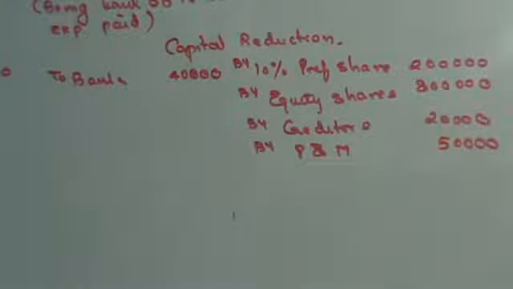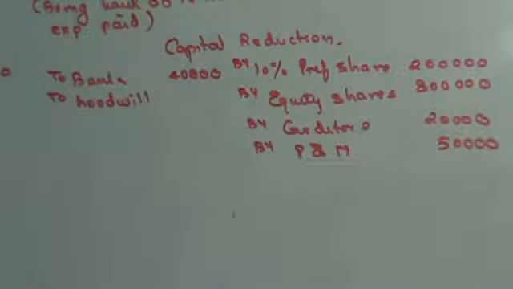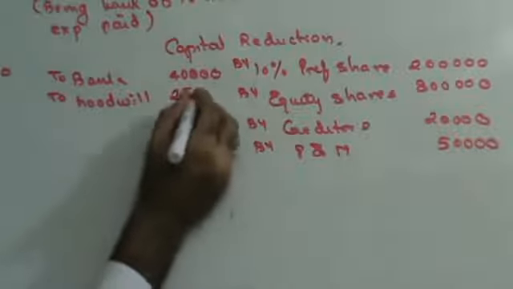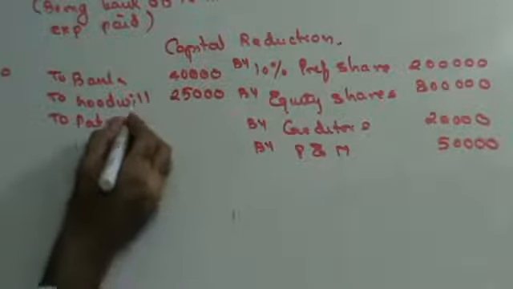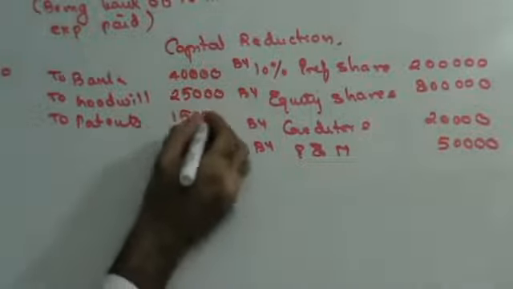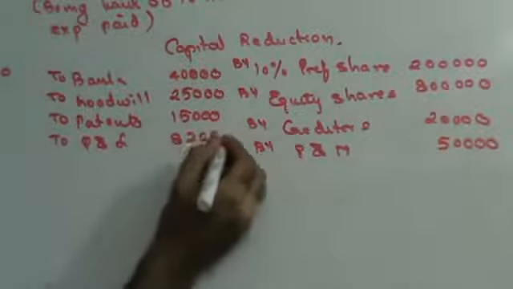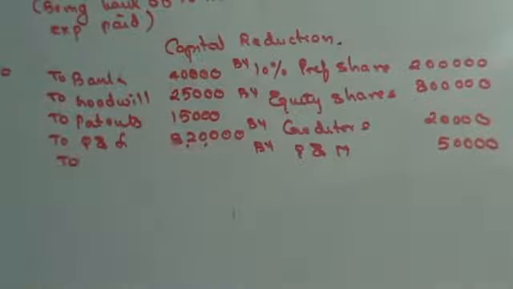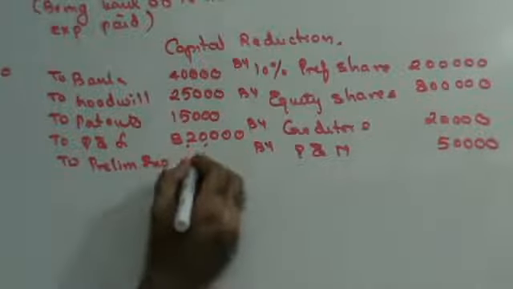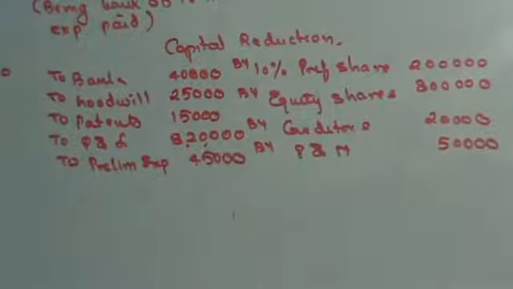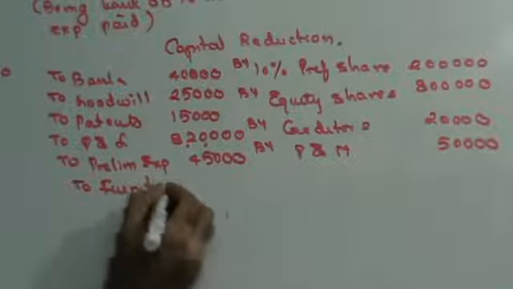Then on the debit side, to goodwill is 25,000. To patents, 15,000. To P&L, 8,20,000. To preliminary expenses, 45,000. Then again you have on the debit side, to furniture, 10,000.